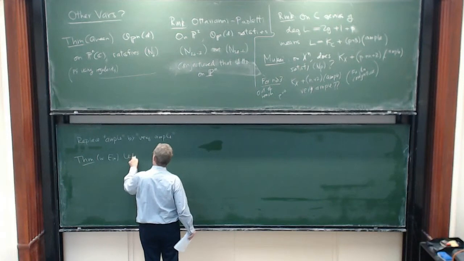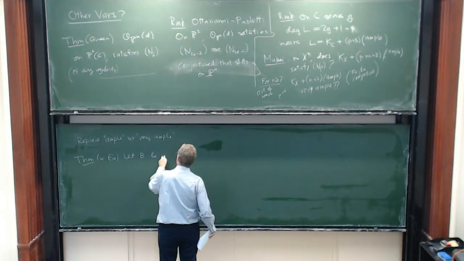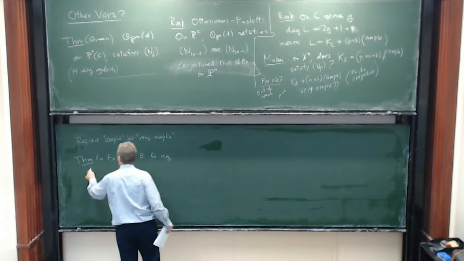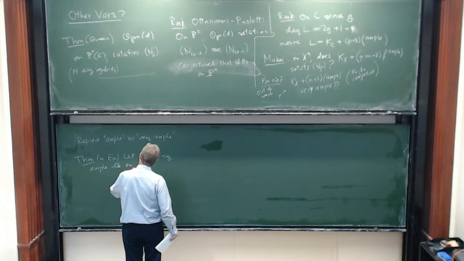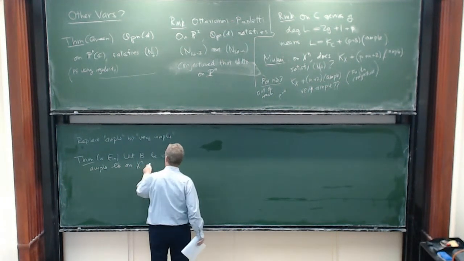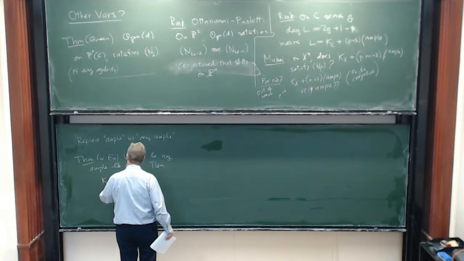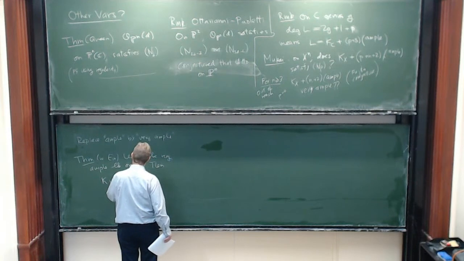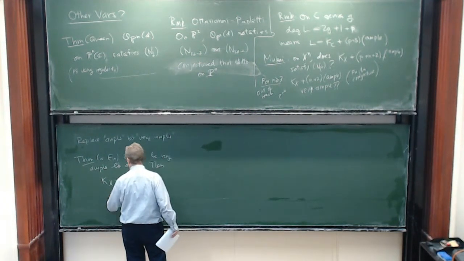Let B be a very ample line bundle on a smooth complex projective variety X^n. Then the claim is that K_X plus (n plus 1 plus k) times B satisfies property N_k.